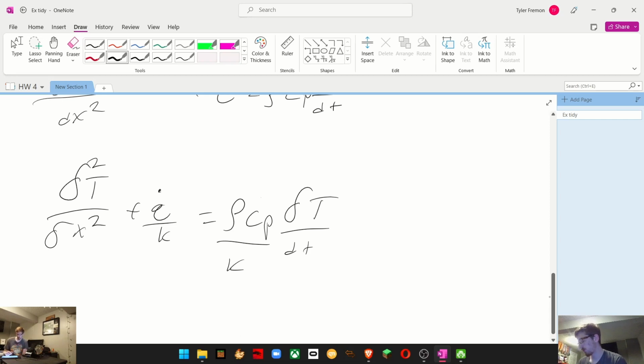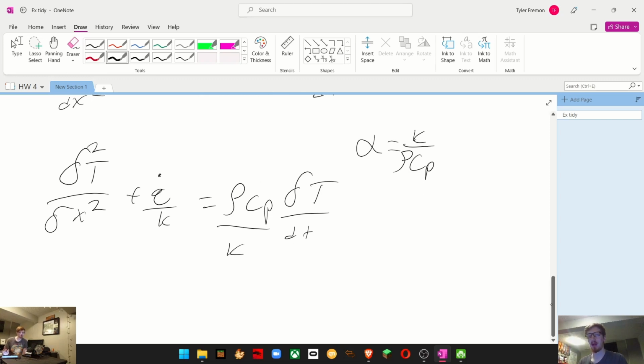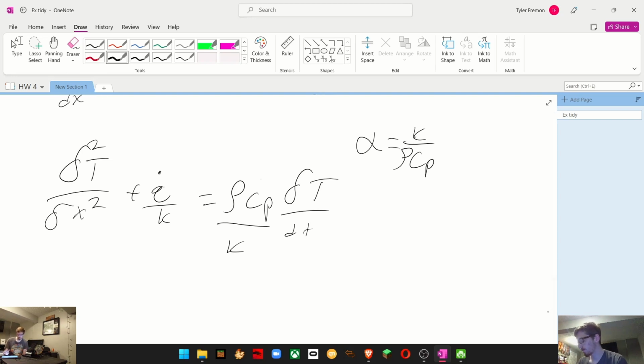And now we can introduce something called alpha, which is our thermal diffusivity, equal to k over our density times our heat capacity. And this just accounts for how the heat is going to diffuse through the material given its properties.